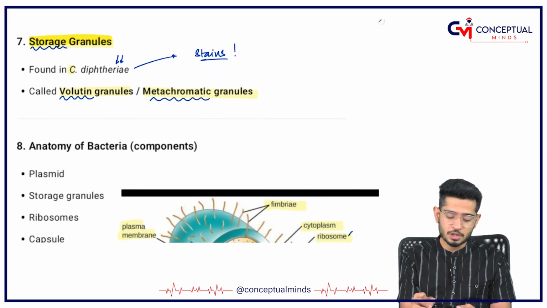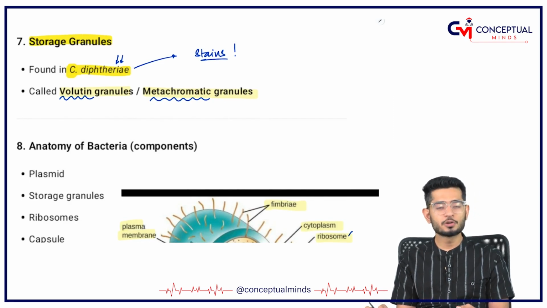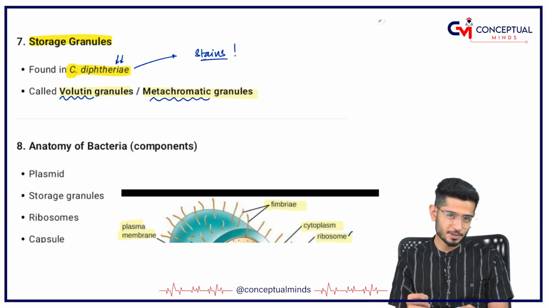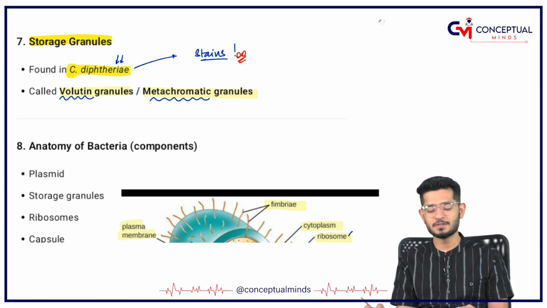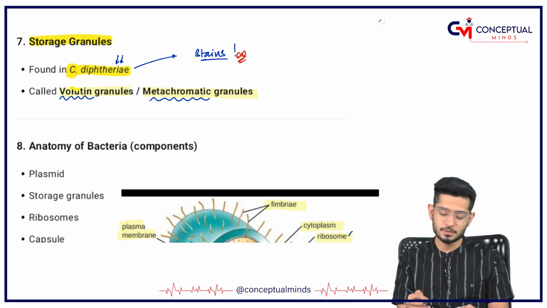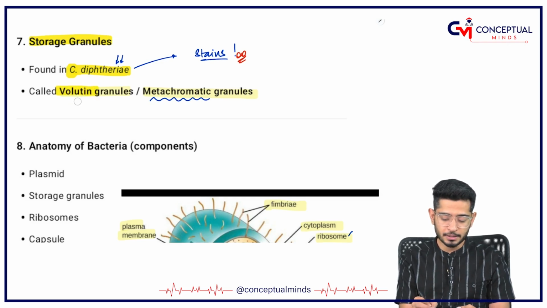Coming on to the storage granules, I have already told you that diphtheria is the one which is responsible for storage granules. Which stain will be used? That is your question, because I have already discussed it in a previous video. These storage granules are also called volutin granules and metachromatic granules.